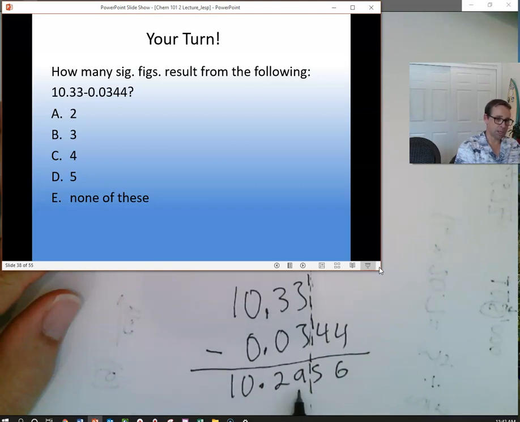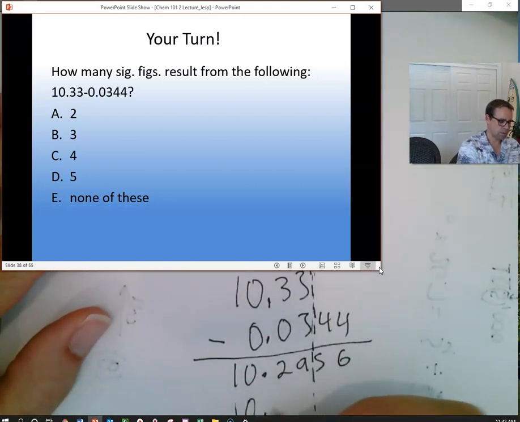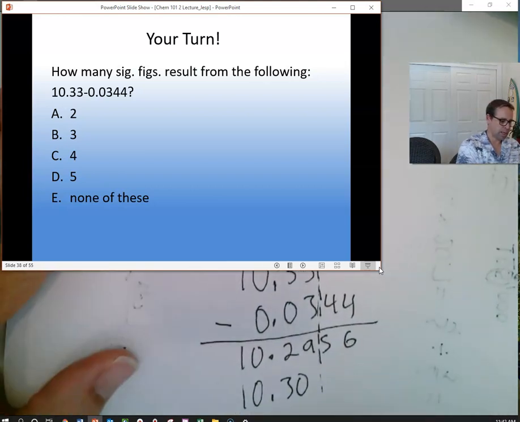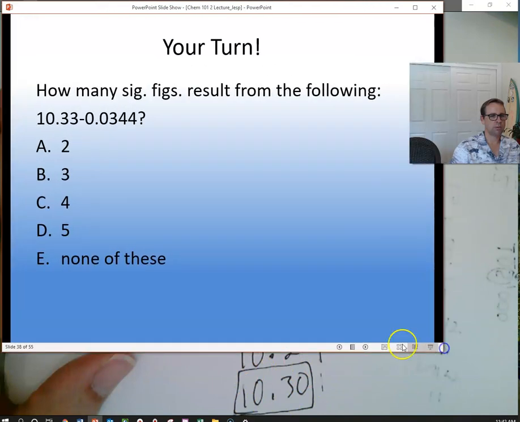I change that 9 to a 30, right? So my answer is 10.30. And how many significant figures does that have? 1, 2, 3, 4. Very good, 4. So the answer is 4 significant figures.